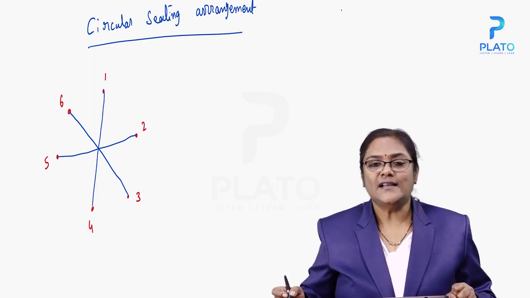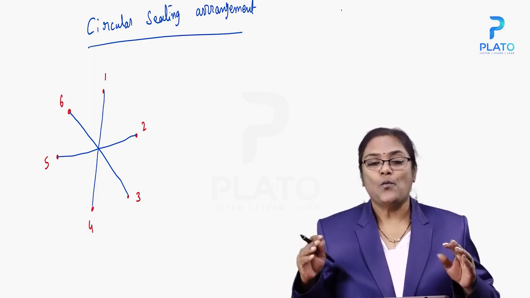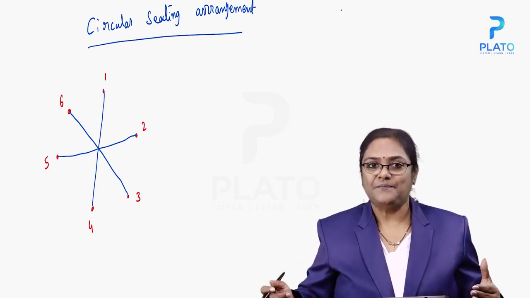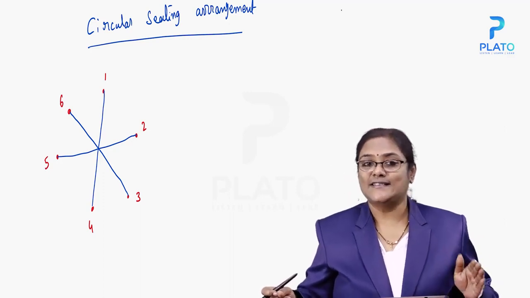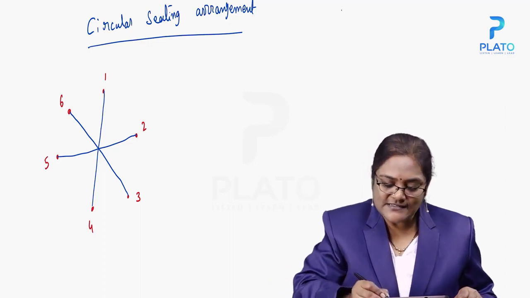So in a circular arrangement, a person can sit in 3 different ways: one is right, one is left, another is opposite. Here we have understood opposites. Then right and left is something we need to understand. Now friends, this is the center point.